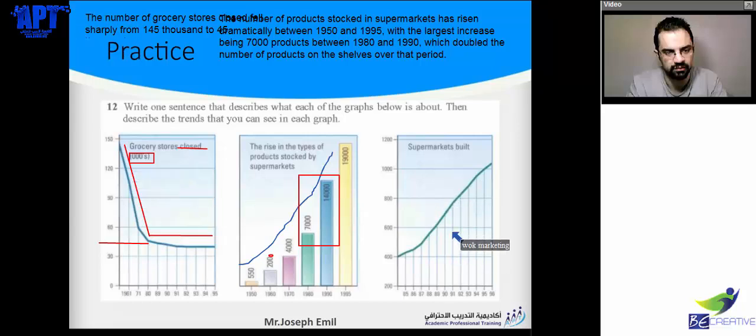What about this one? Supermarkets built. The number of supermarkets built has seen a steady rise in the period between 1984, I think that's 1984, because that's 1985, so that's definitely 1984. Let me just make that font a bit smaller.